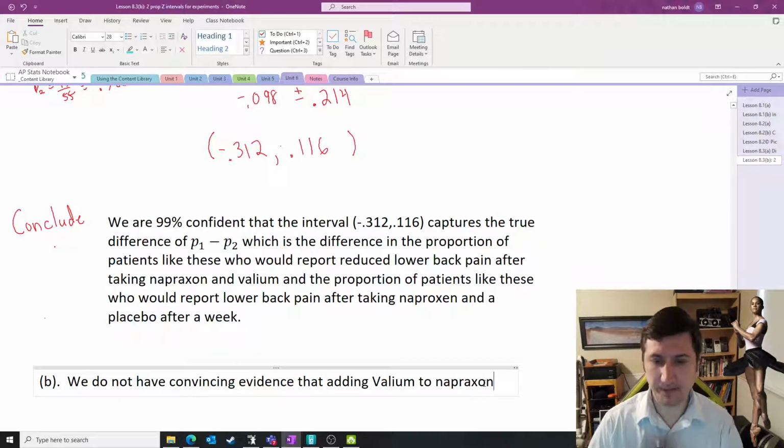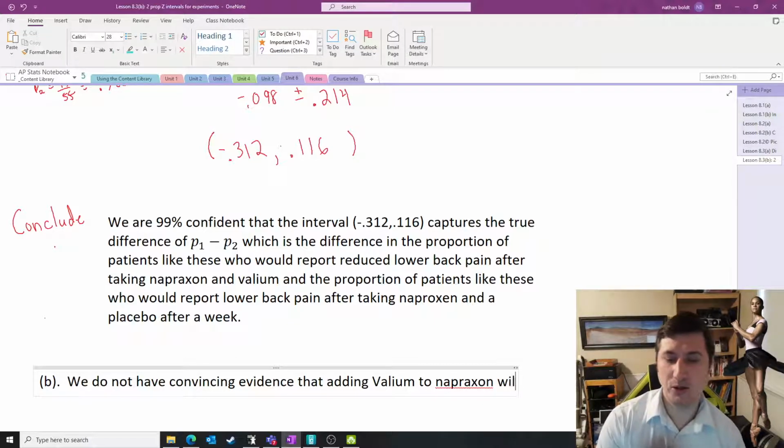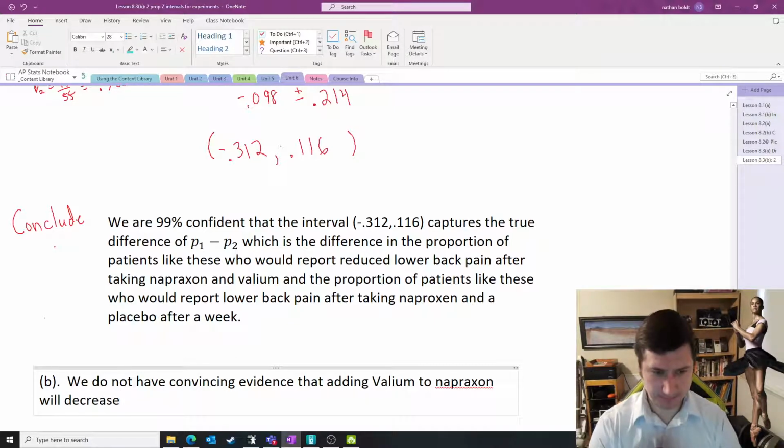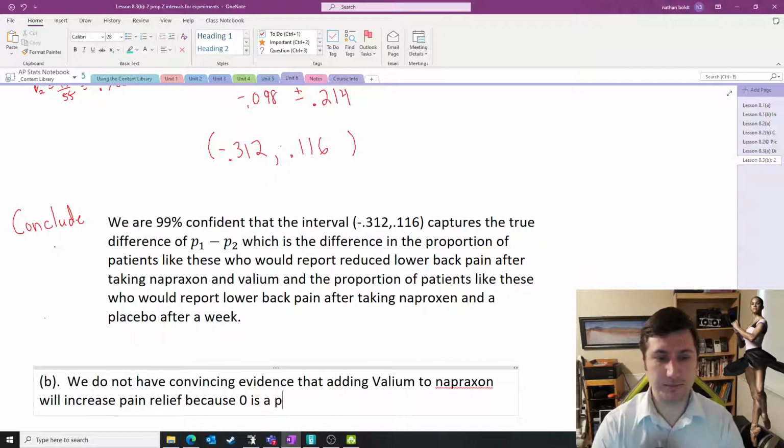Sorry. That adding Valium to naproxen will increase pain relief, because 0 is in our confidence interval.